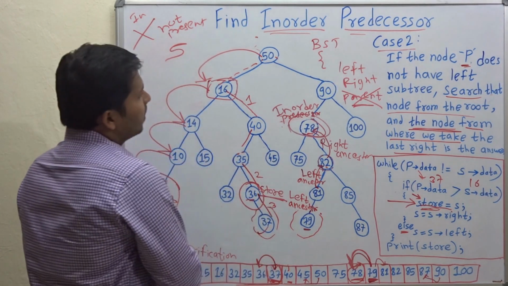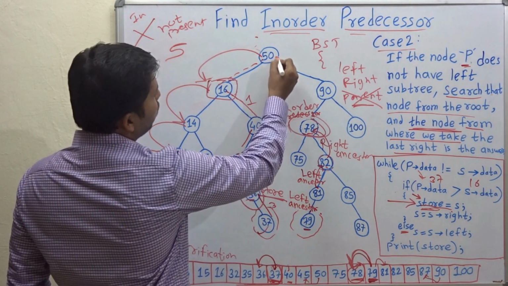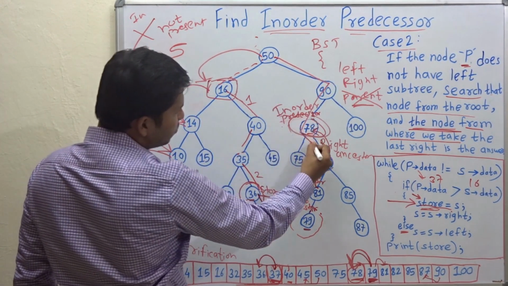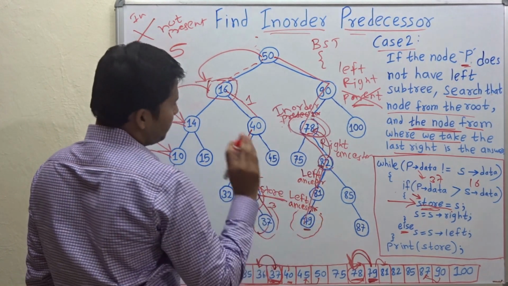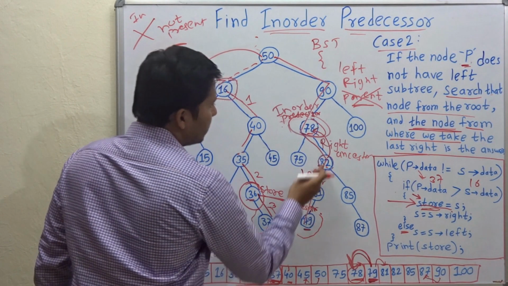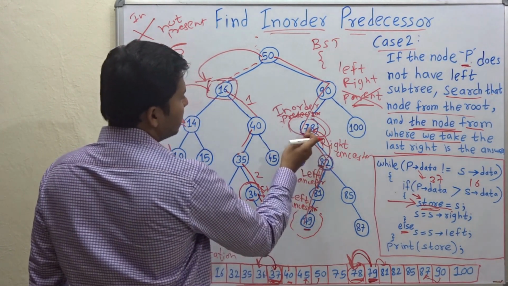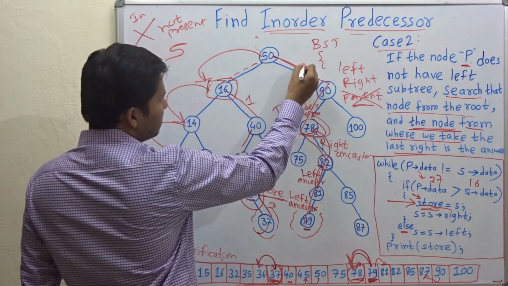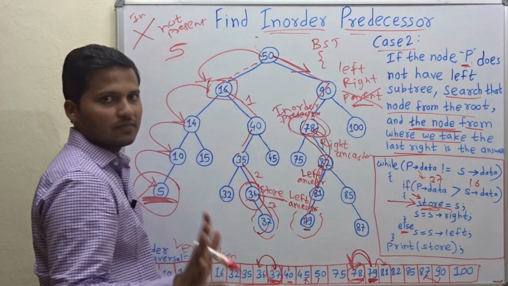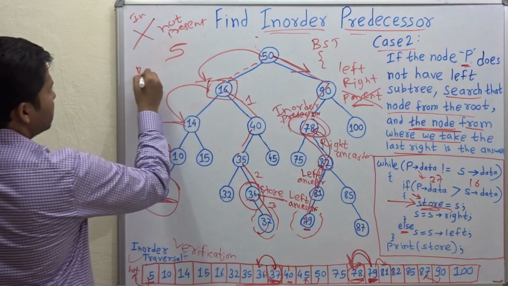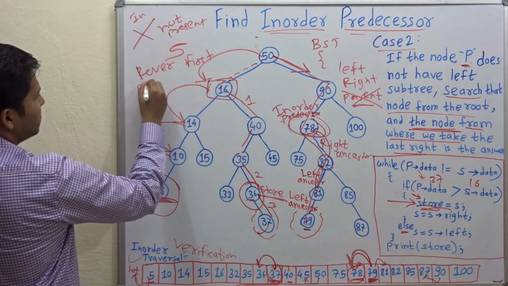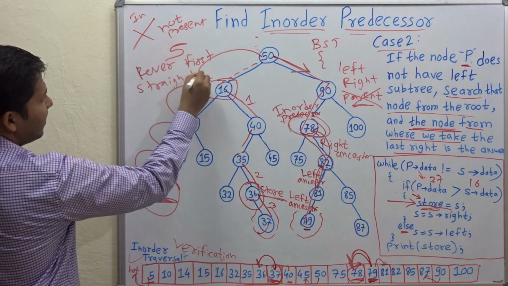What do we do? We search for that node from the root, meaning we find the path to that node from the root. In reverse, if it is the first right, then in the straight path it is the last right.